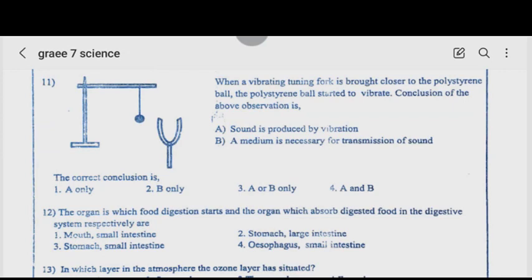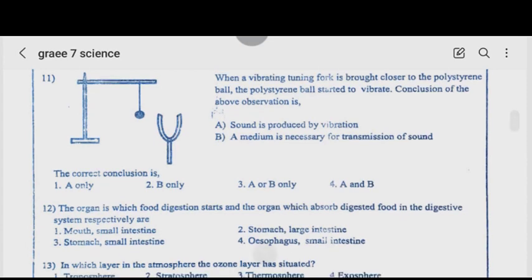Without medium, can't we transmit the sound? Yes, teacher. We cannot transmit sound without medium. So a medium is very, very necessary for transmission of sound. So A and B both are correct in the 11th answer. So answer should be number 4.